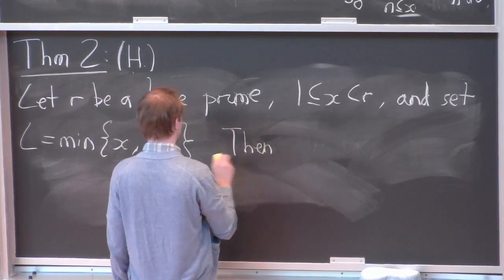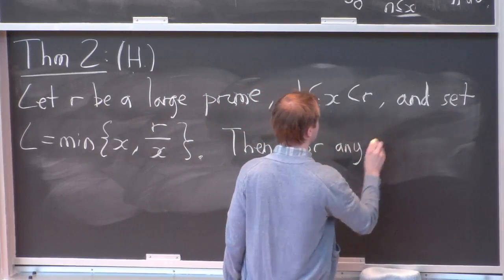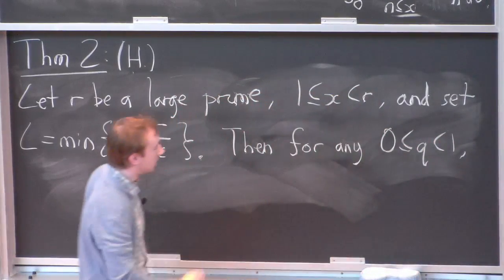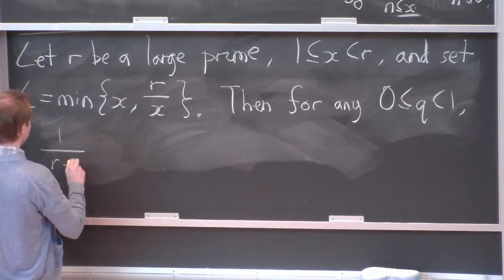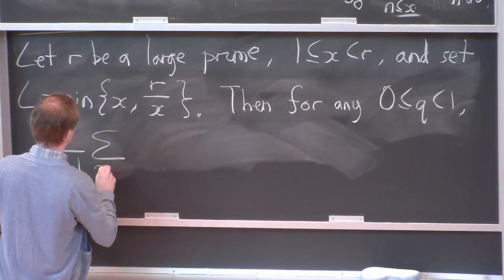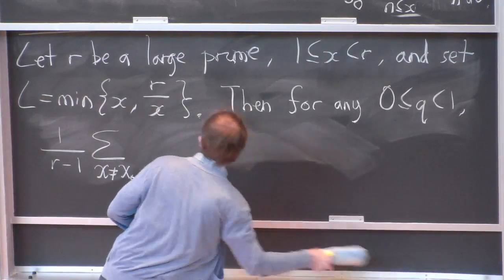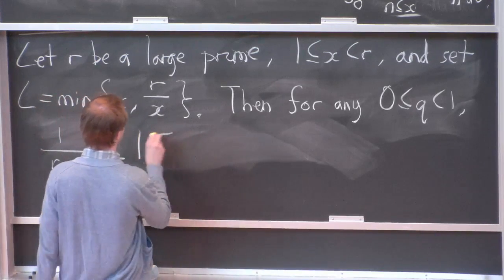And then for any q bigger than 0 and strictly less than 1, we get an upper bound. Actually, it doesn't matter. So it's not chi mod r.